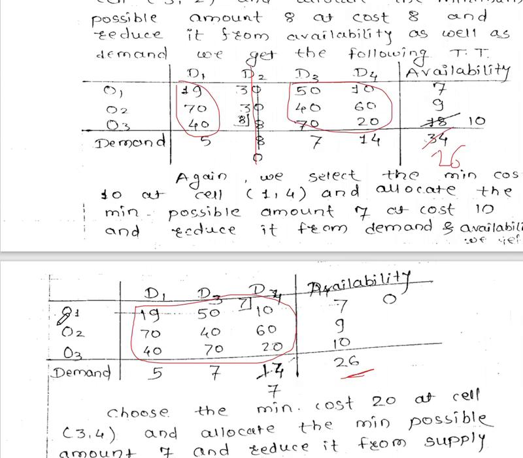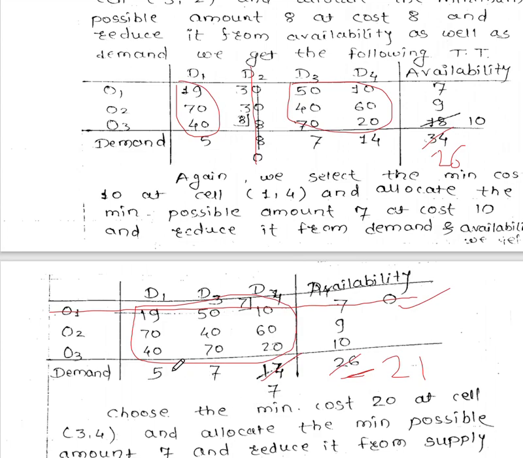If you subtract from this row, the availability becomes 0, which means the first row is satisfied, and the remaining demand is 14 minus 7, that is 7. We also subtract from the total, so only 21 remains. What are the next steps?